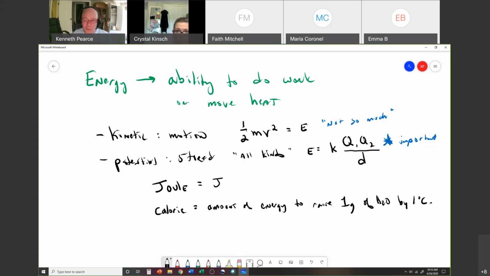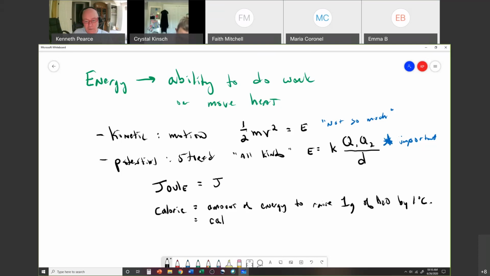So if you have 1 gram of water and you put a Bunsen burner underneath it and you change the temperature by 1 degree Celsius, you just added a calorie. And usually we abbreviate this lowercase c a l, and that's usually what we use.